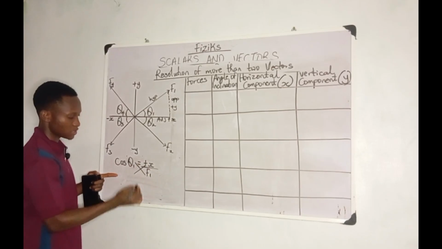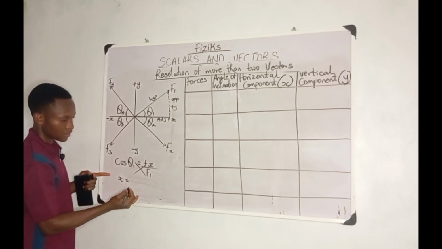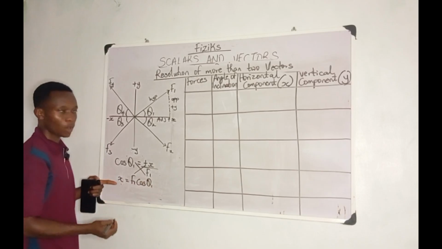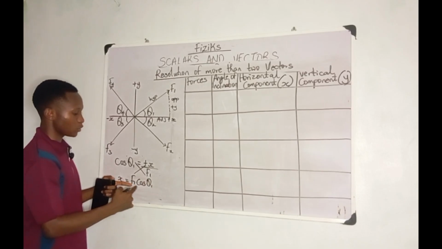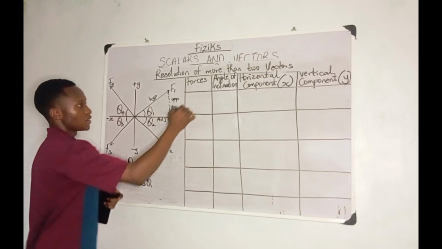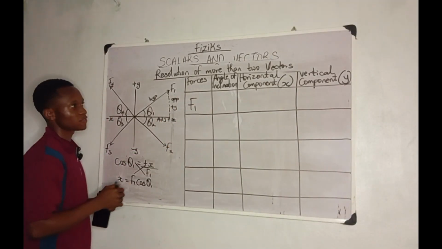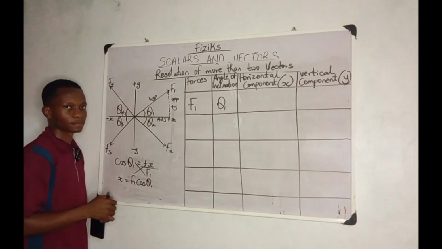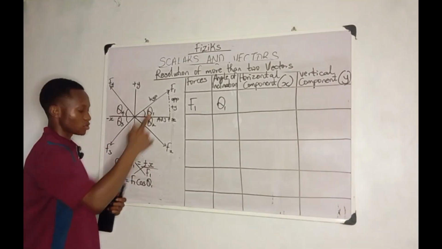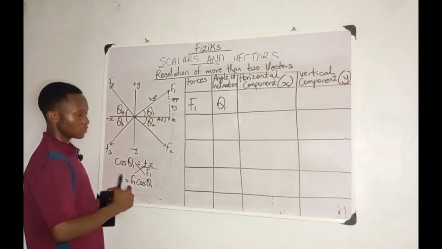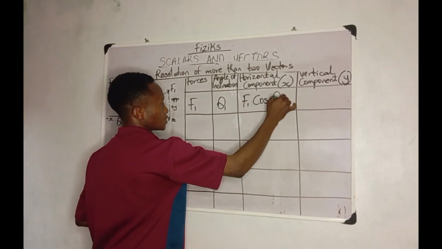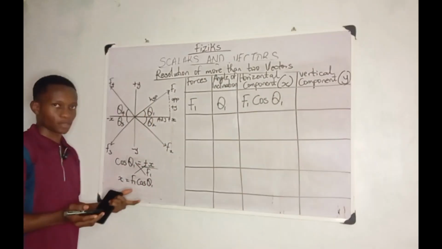So if I cross multiply, I'll have x is equal to f1 cos theta 1. The first is f1, that's the first one I'm taking, and the angle of inclination is theta 1. So the horizontal, we just rectified it now. I'll be writing f1 cos theta 1. Did you get what I said?